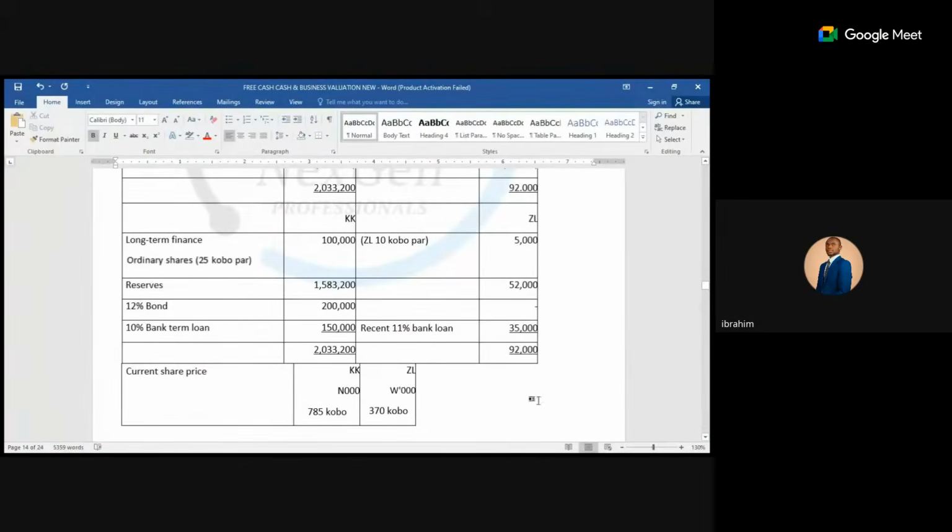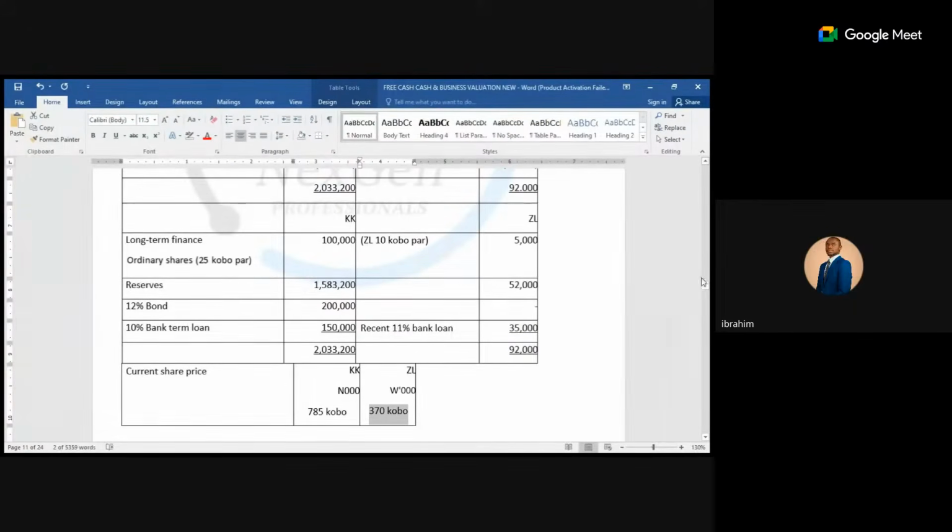So we're given the market price. If this is the market price, we just multiply by the number of shares, is that not so, class? So we have the market value of equity.